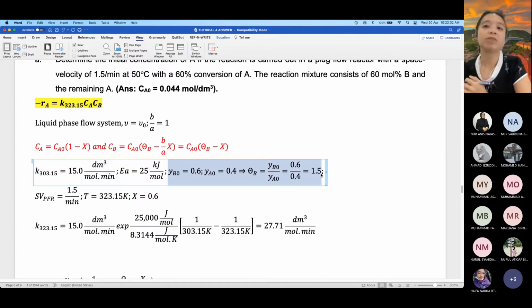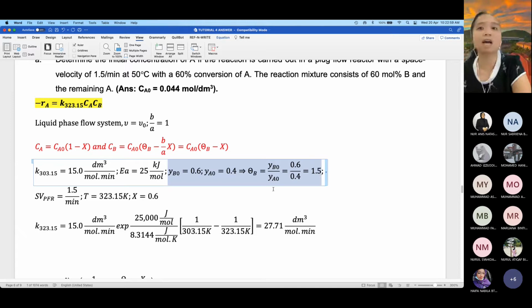What is theta B? Theta B is the ratio of initial amount of B over initial amount of A. This amount can be concentration, molar flow rate, or mole fraction. So in this question, we are given the initial mole fraction of A and B. Because it says mole fraction of B 0.6, 60%. Hence, mole fraction of A 0.4, 40%.